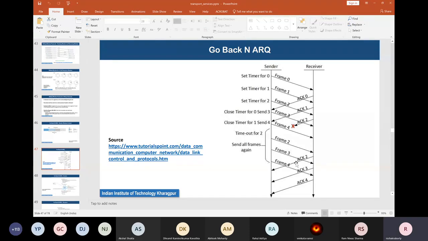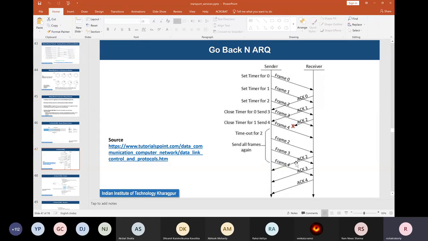But in the meantime, I have also sent out some other frames. Maybe those have also not been received. I don't know what is happening inside. So it gets extremely nervous and sends out all the frames that it had sent out till now in its current window. Remember, now its current window is from frame number 2 up to something that is again not clear.